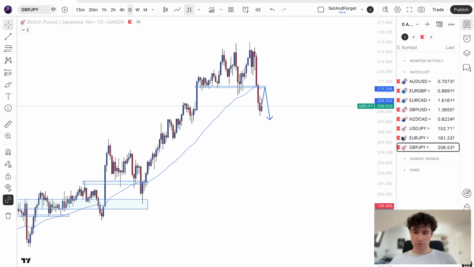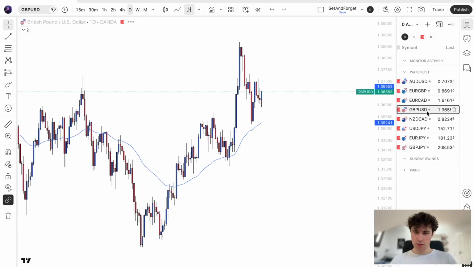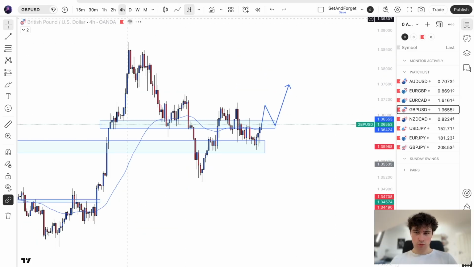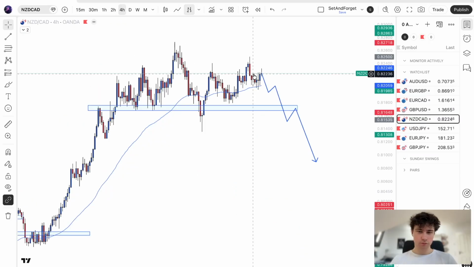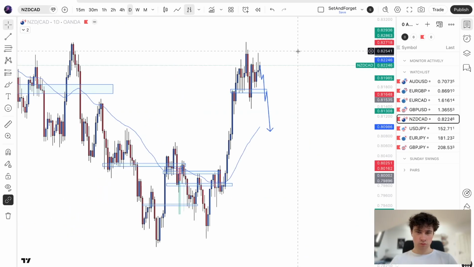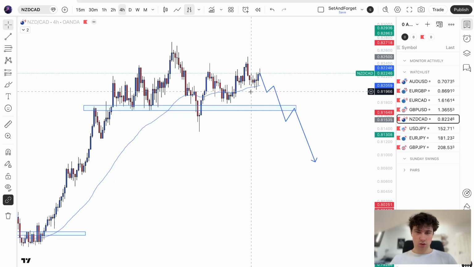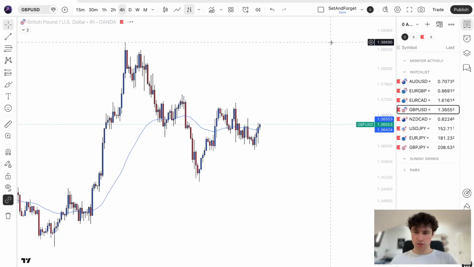My favorite pairs are probably GBP-JPY. I do like GBP-USD, even though they now have an inverse cross pair correlation. NZD-CAD also pretty nice.